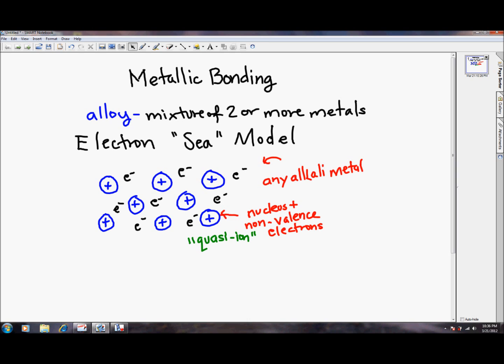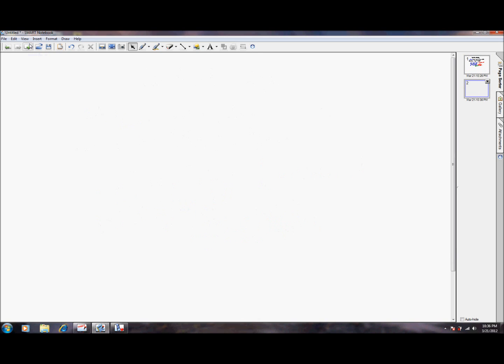So what does this tell us about the properties of metals? Well, the electron sea model explains a couple of different things about metals. First of all, metals are flexible.